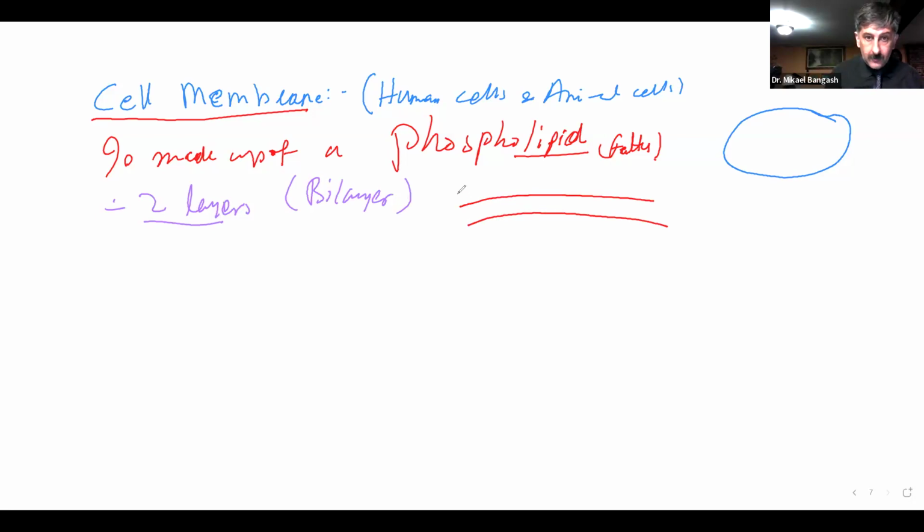Now diagrammatically, if these are phospholipid molecules, that's how they will be arranged.